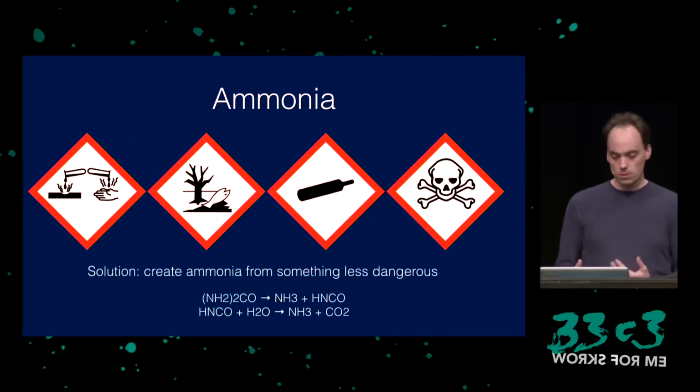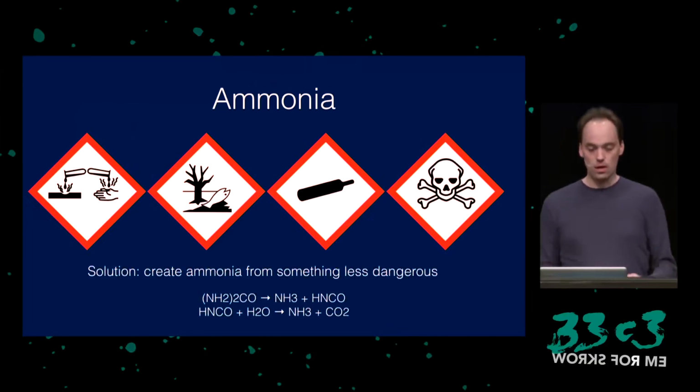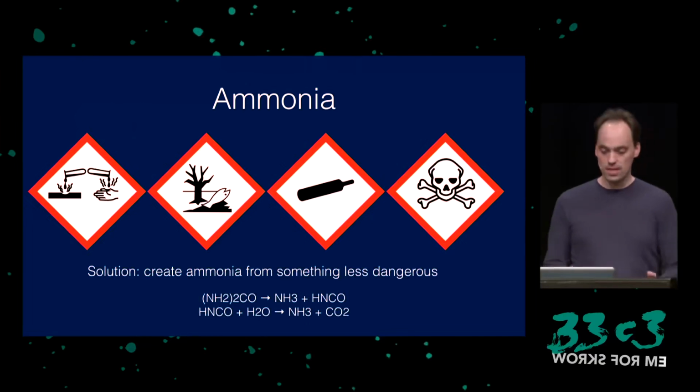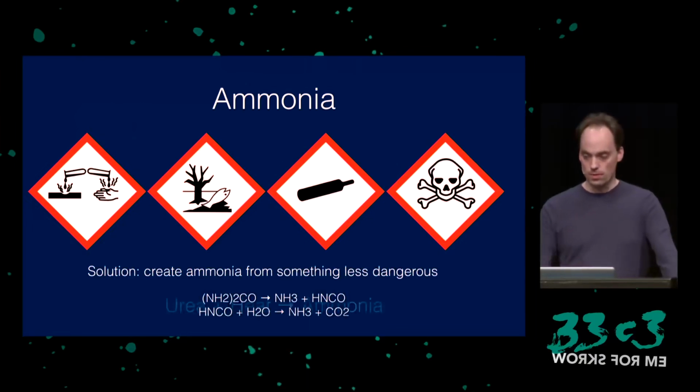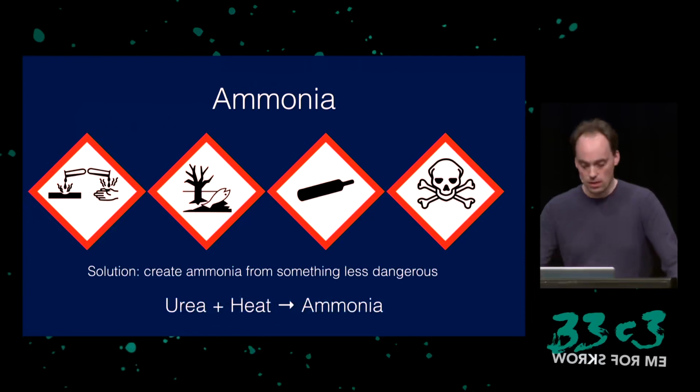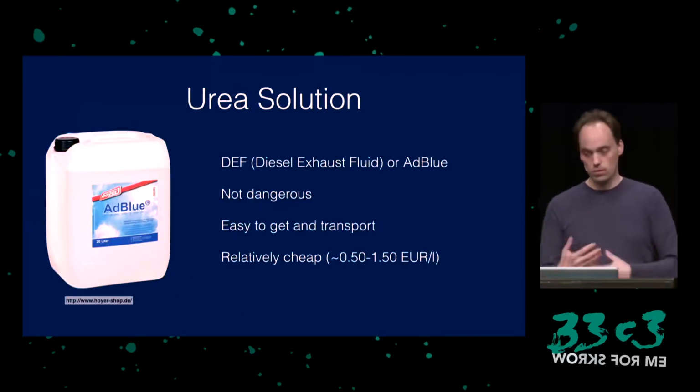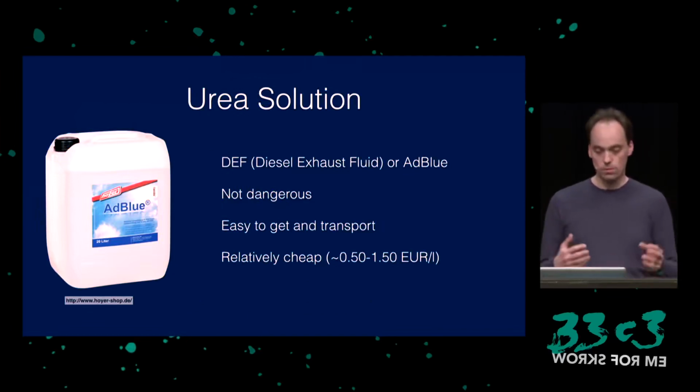So instead, the solution is we can create ammonia in the car from something that's less dangerous, and we have the reaction there. We can simplify this again and say we take urea, Harnstoff auf Deutsch, and heat, and we create ammonia. And urea solution is this. It's called AdBlue or DEF, diesel exhaust fluid.